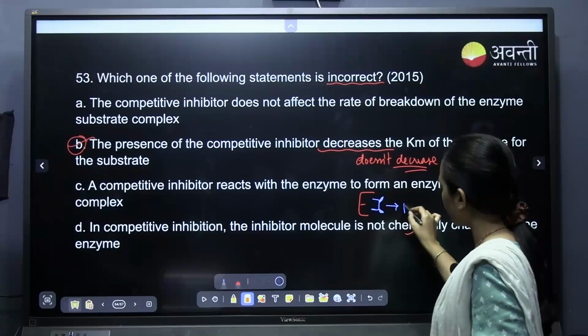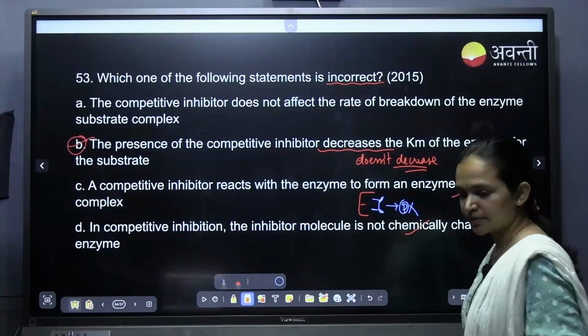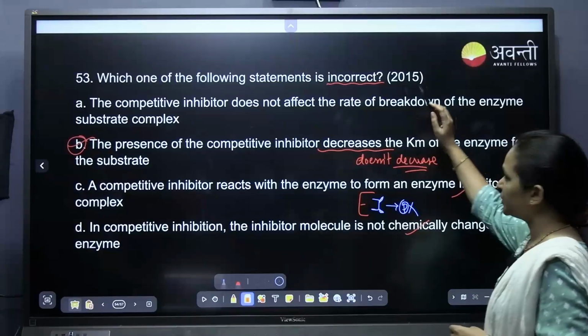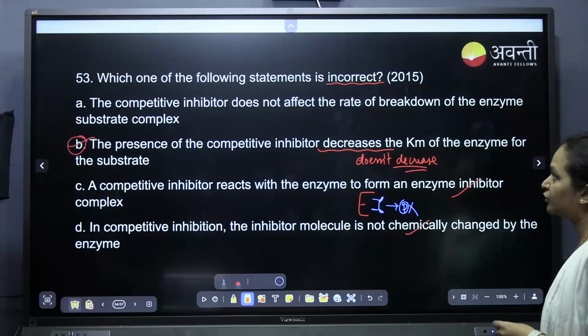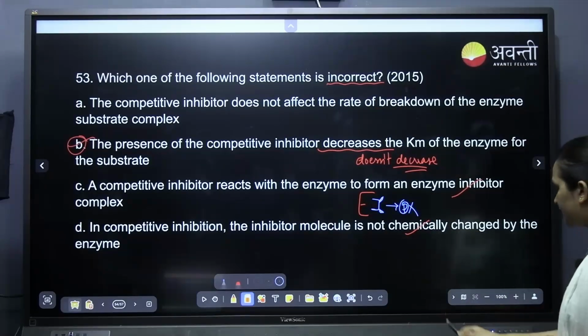But will it change to product? No, it doesn't change to product. So A, C and D are correct, but B is the wrong answer. We need to find the incorrect one, that is B for Bombay.